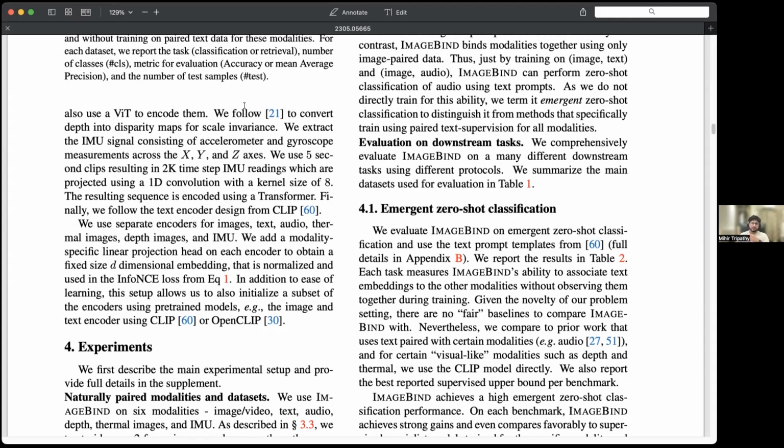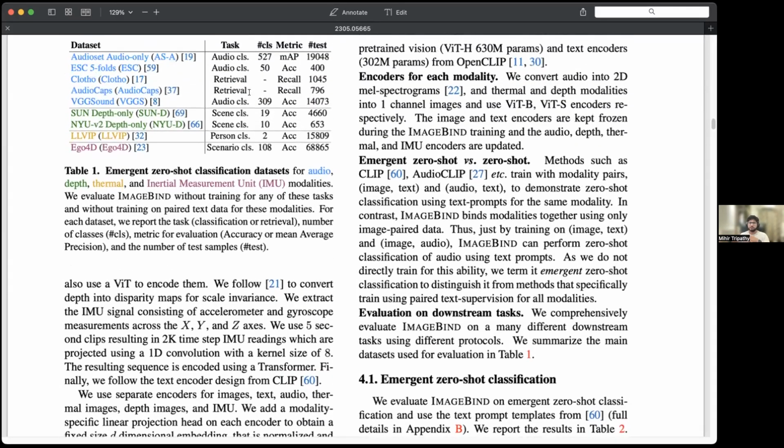This is a stepping stone, because right now we don't have a data set which has data for each and every modality, but maybe we don't really require such a data set. So this is just a stepping stone to achieving joint embeddings over a large number of modalities. Yeah.